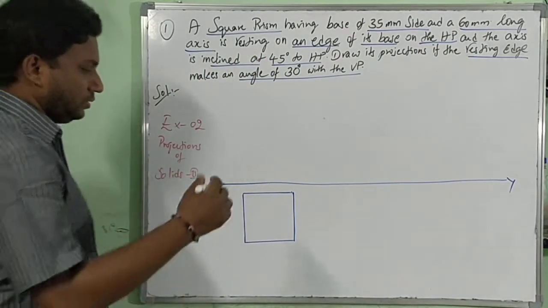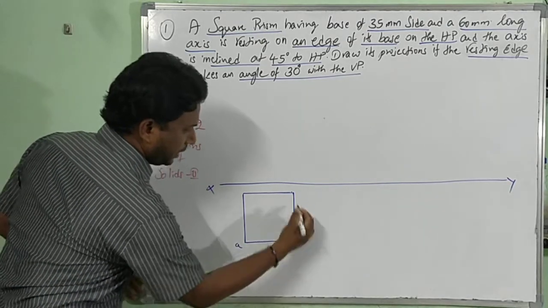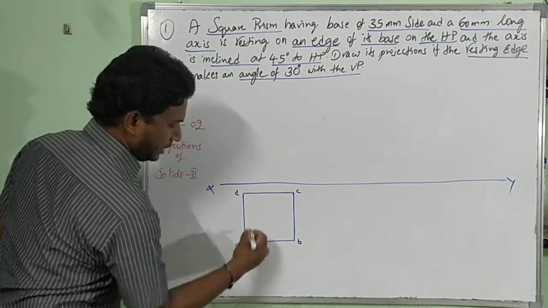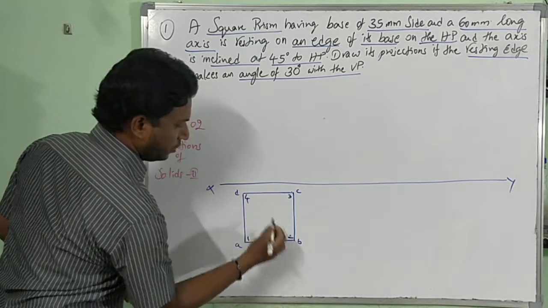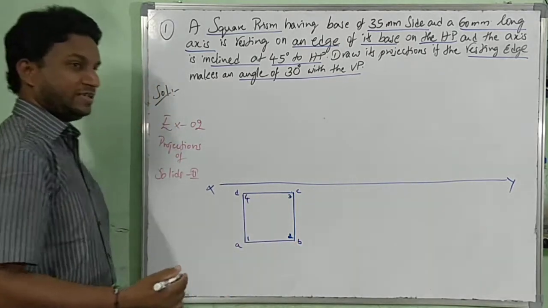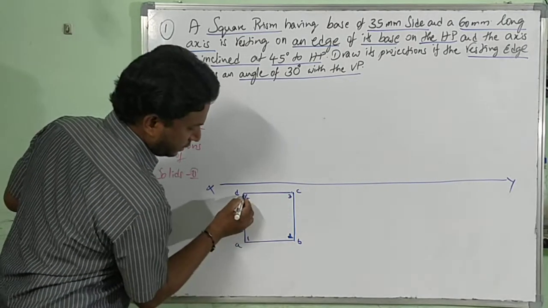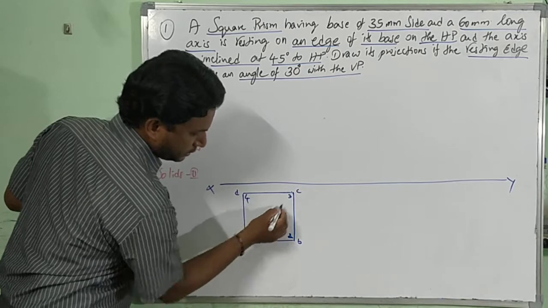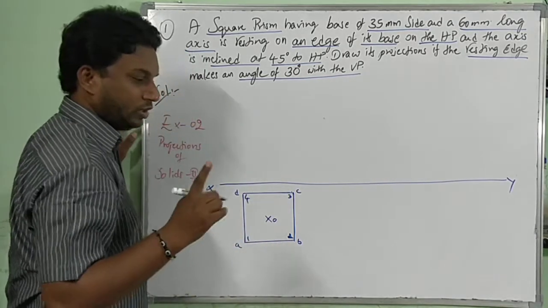Prism will have two bases, so for that reason I am taking A, B, C, D, and inside, 1, 2, 3, 4. The prism axis point will be at the center, right? Draw the diagonals, the centroid. You will get O here. Only 1 point I have taken.